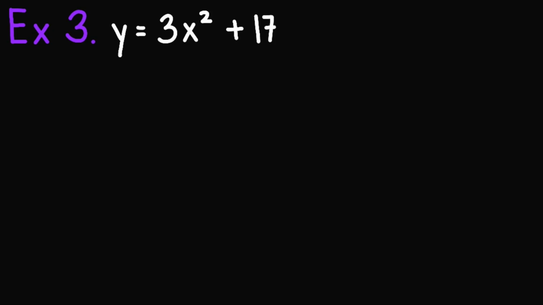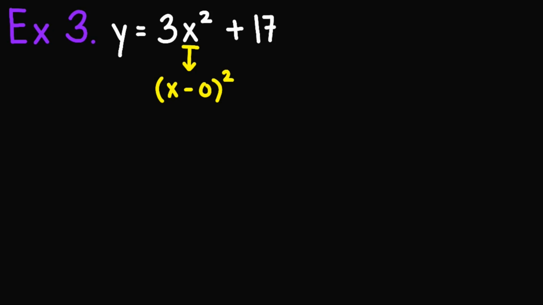In here, we are given y equals 3x squared plus 17. Again, before we start, feel free to pause the video so that you may try this one first on your own. Okay, so let's start. Take note that in here, you might be tempted to immediately apply completing the square, but take note that x out here can actually be expressed as x minus 0 squared.